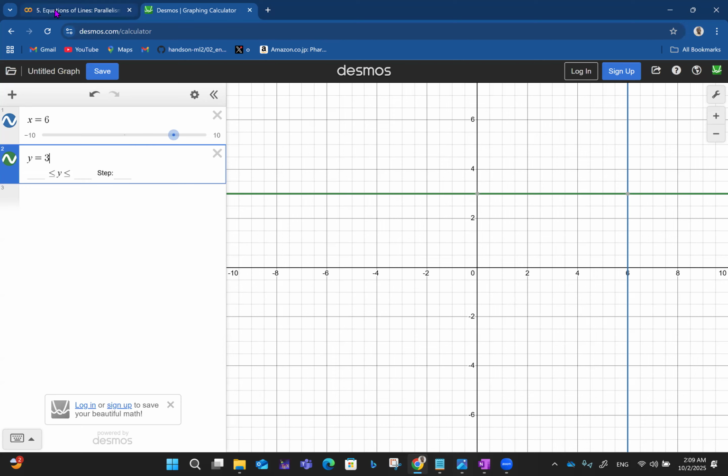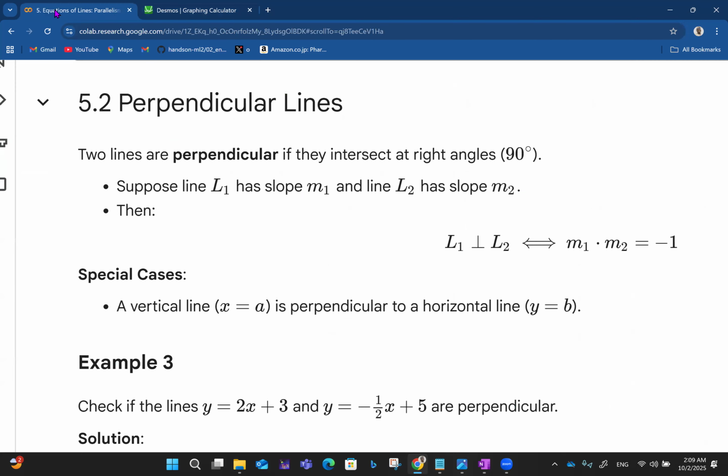So they are perpendicular. That's a special case. Constant lines on both axes will intersect. Before I solve this problem, as I go to the worksheet, I'm going to elaborate on this.